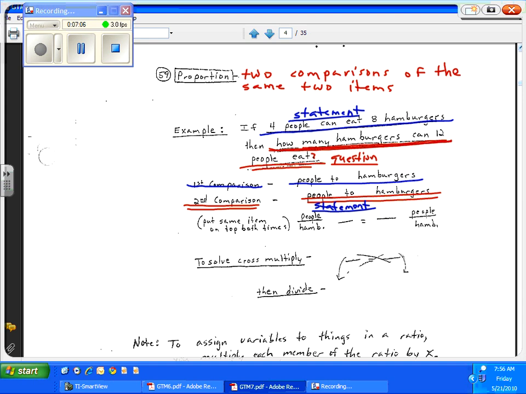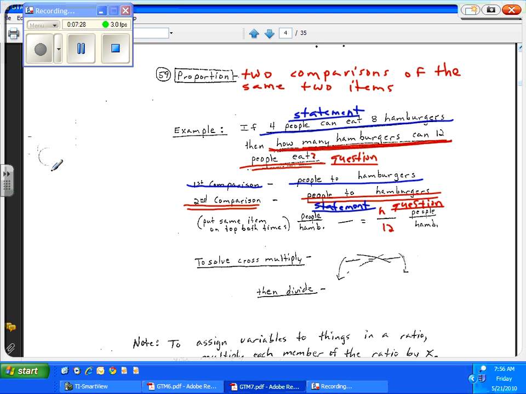So the second comparison is the question. We have a statement ratio and a question ratio. In Algebra 1, we said we always fill out the question first. So the question was how many hamburgers, so we call that H, can 12 people eat?